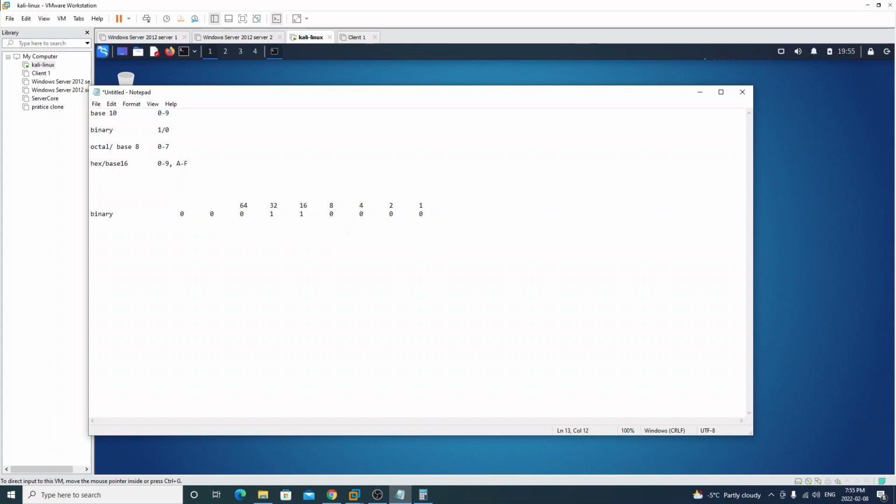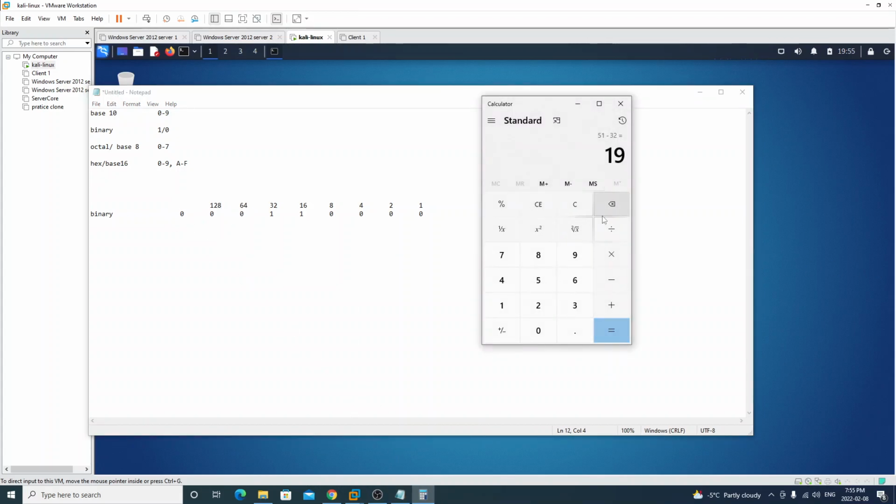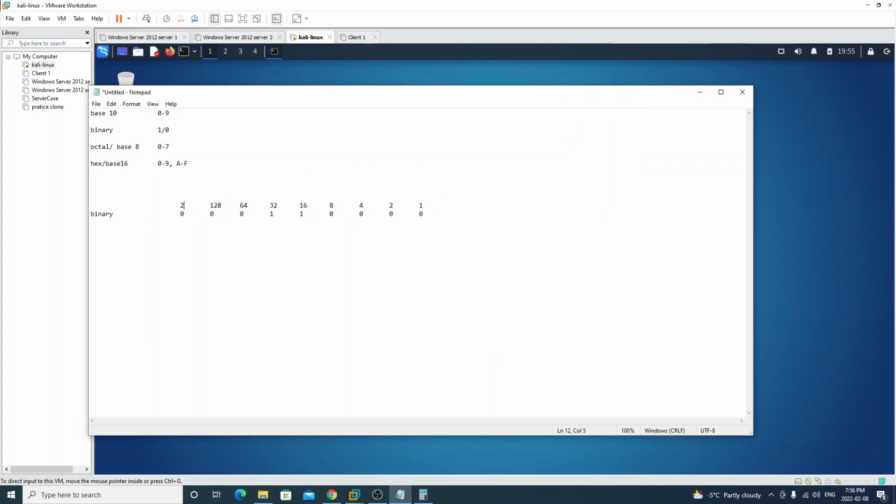So we have 3, 3, and 3. So we have 9 values. 64 is 128, and I believe that's 200 and not too sure. Let's calculate it. 128 times 2, 256. So we have 9 values, and we have 256, 128, 64, 32, 16, 8, 4, 2, 1.